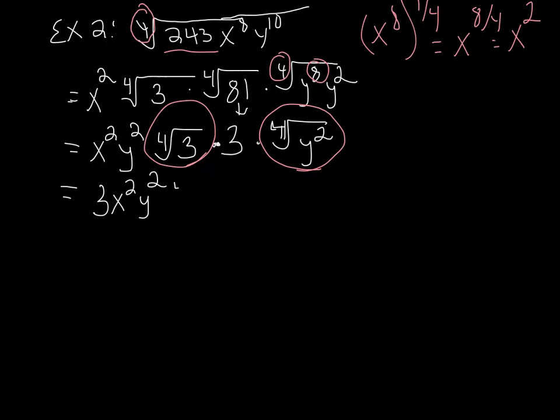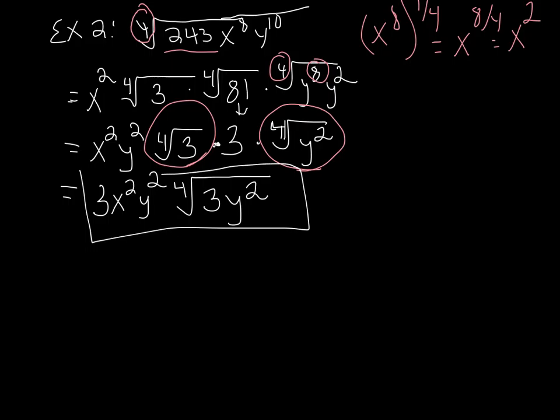So I just leave that underneath the radical as 3y squared. Okay, and so that is going to be your final answer for this problem. You've got your 3 x squared y squared, the fourth root of 3y squared, and that will be your answer for this one.